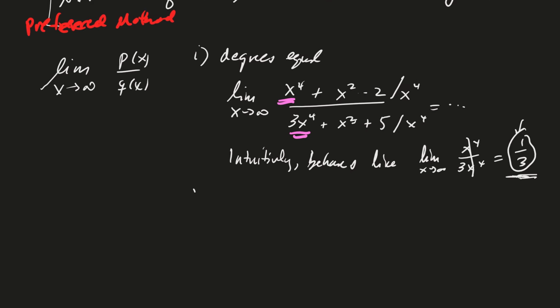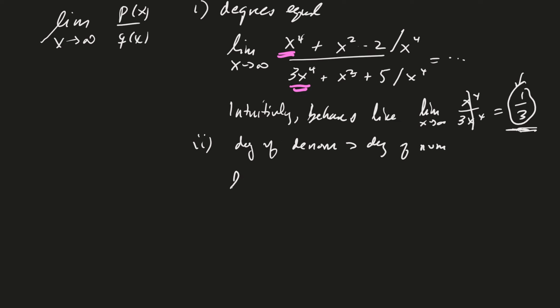Okay, so what happens then if the degree of the denominator is bigger than the degree of the numerator? So for example, suppose we're taking the limit as x goes to infinity of x squared minus 1 divided by x cubed. Well, maybe I should use the intuition first.